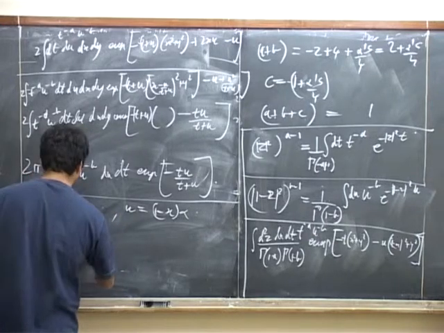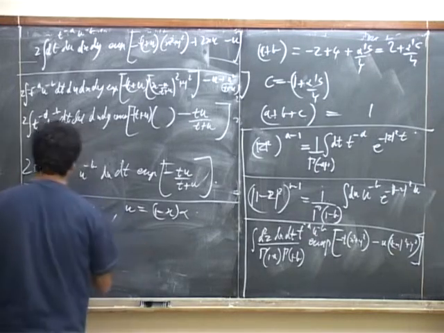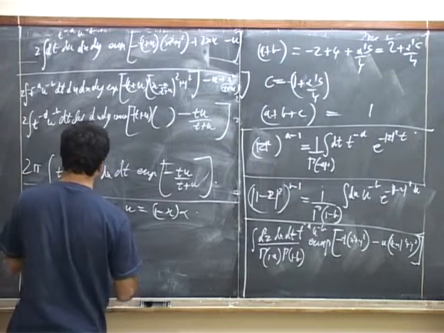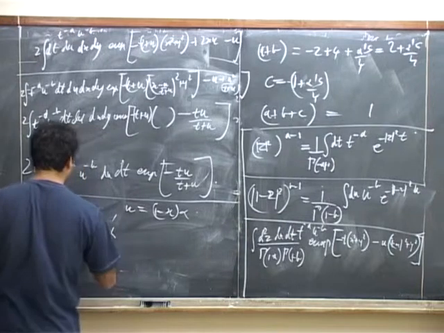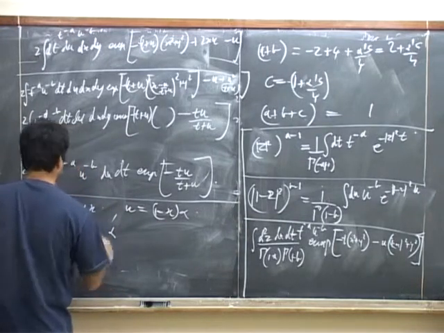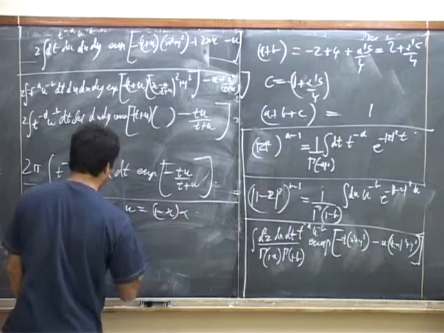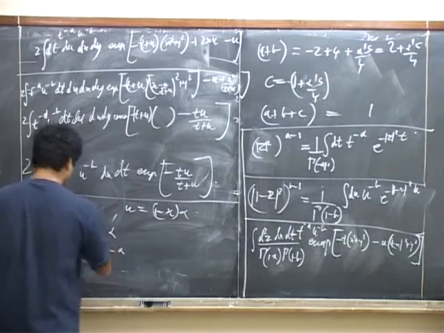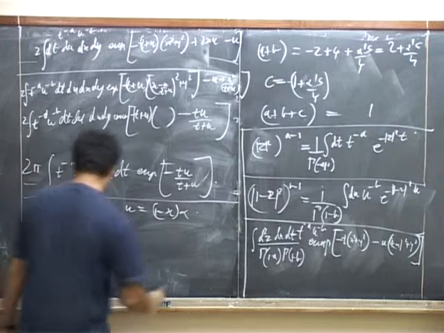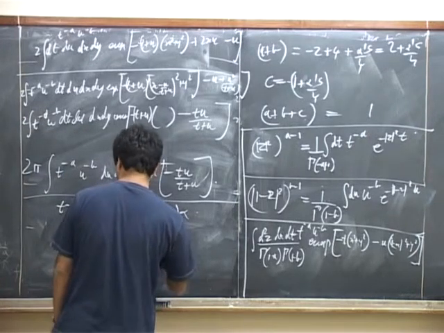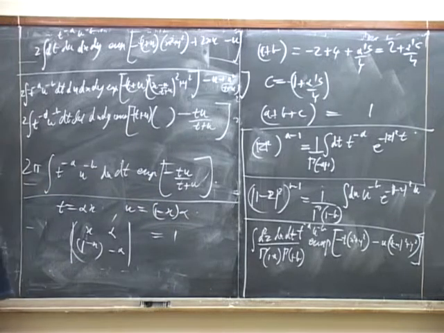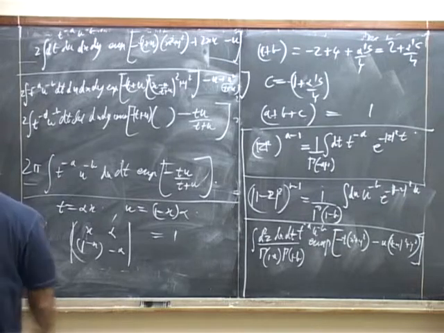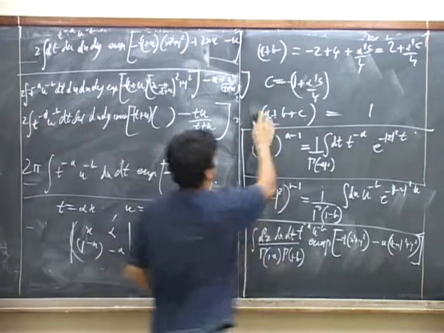So dt by d alpha is x, dt by dx is alpha, du by d alpha is 1 minus x, and du by dx is minus alpha. So this is the determinant of the change of variables, whose modulus is equal to alpha. The x alpha pieces cancel.